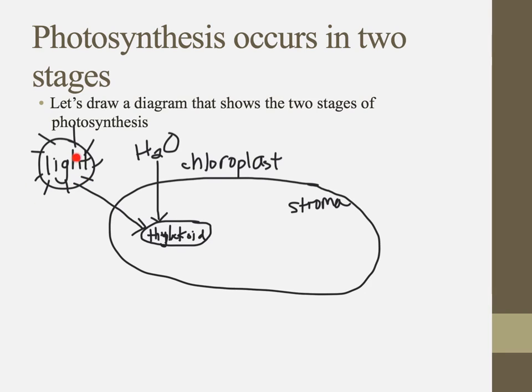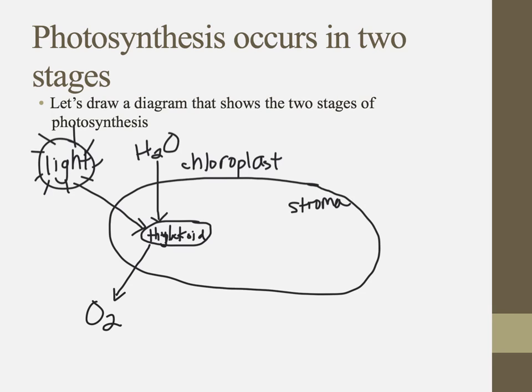One of them is photolysis. The other one we'll get to later. When we split this water molecule, we're going to split it into H's and O's, hydrogens and oxygens. The oxygen is not needed, so we are going to get rid of that as a byproduct.